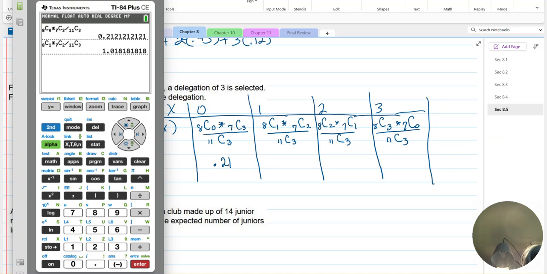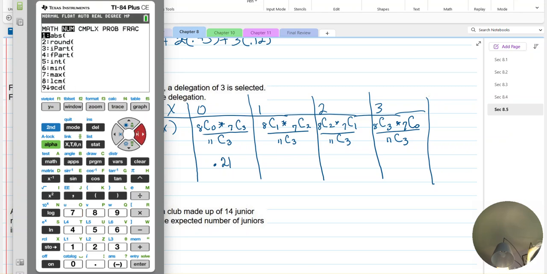See what I did? I'm not supposed to get one. How did that happen? 8 choose 1 times 7 choose 3. Okay, divide. No, I got it all. I'm going to type it in. I did something that I don't see.